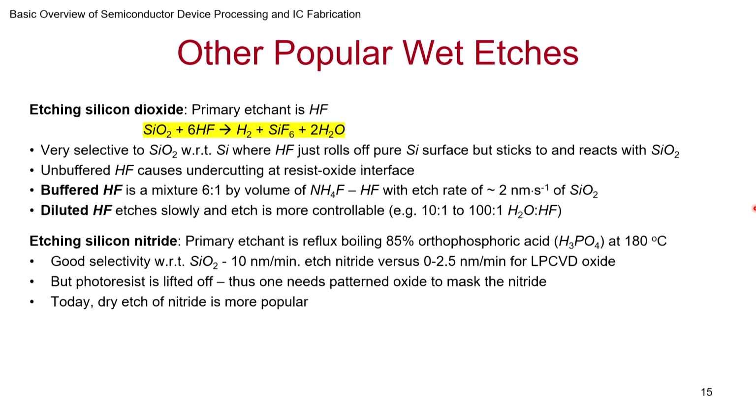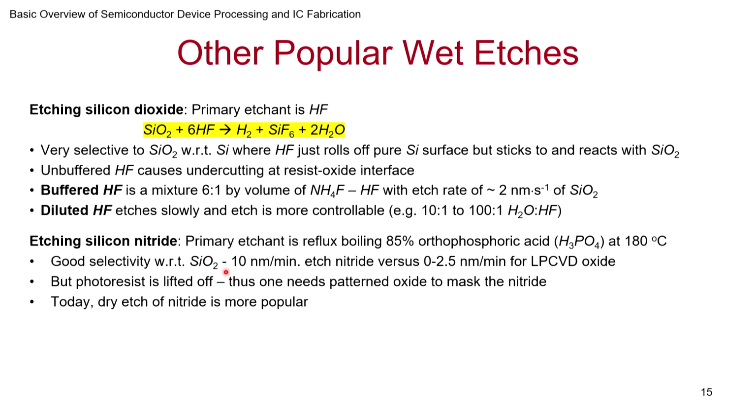Silicon nitride, another material which we often encounter, also has a wet etch, and the primary wet etch is 85% orthophosphoric acid, which is boiling at 180 degrees centigrade. Okay. Now this can be used, and it has good selectivity with respect to SiO2 also.